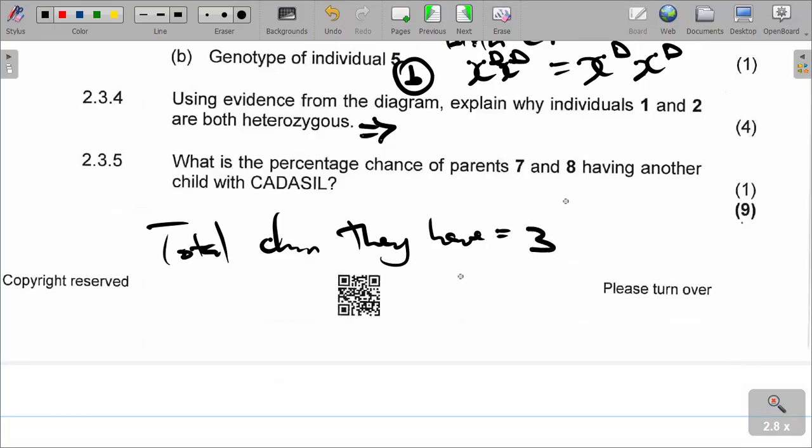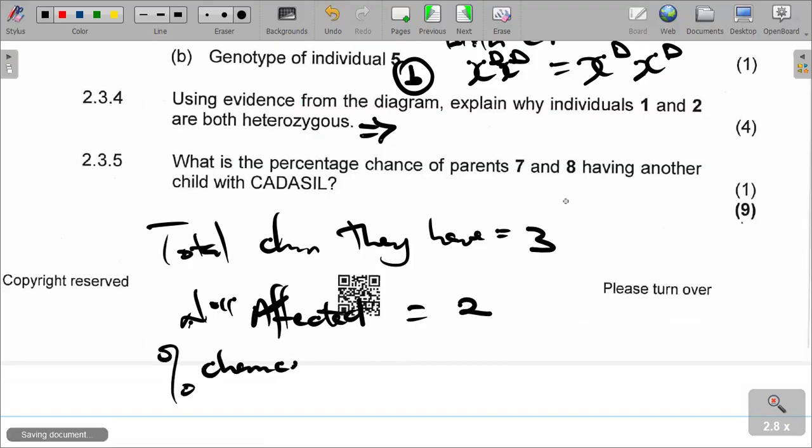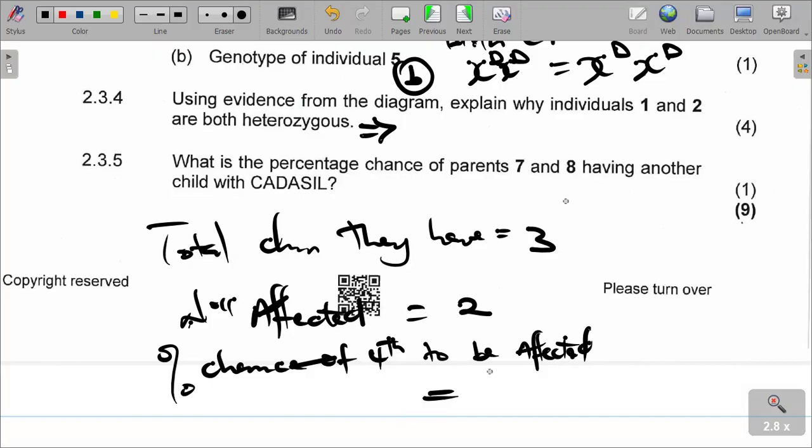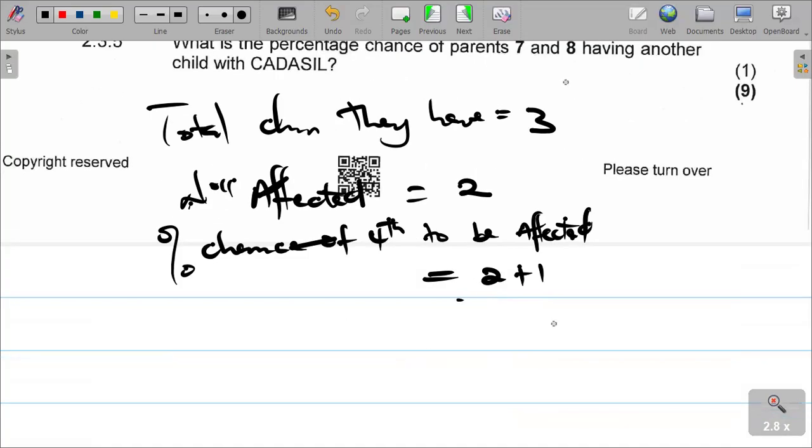The number affected is equals to 2, and then the percentage chance of the fourth child to be affected is equals to affected already, 2 plus 1, over total children, which is equals to 3 over 4.